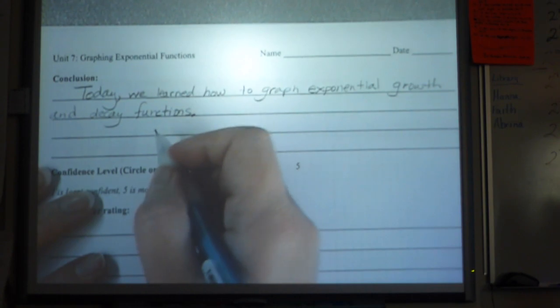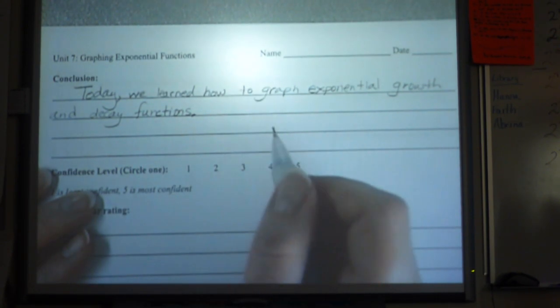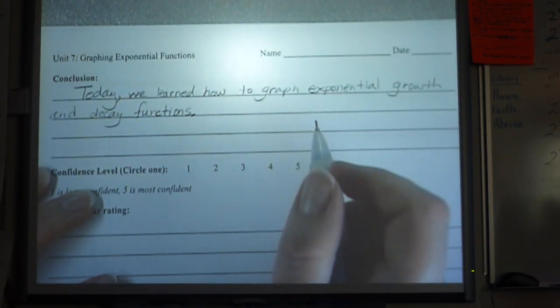We learned that in exponential growth functions, the base is greater than 1, and that in exponential decay functions, the base is between 0 and 1.